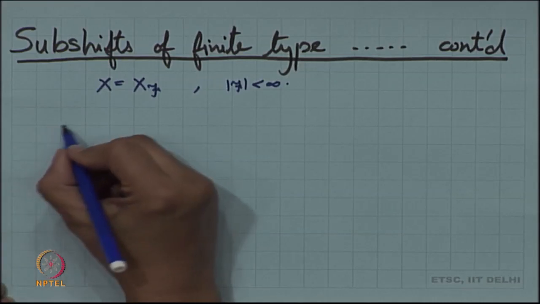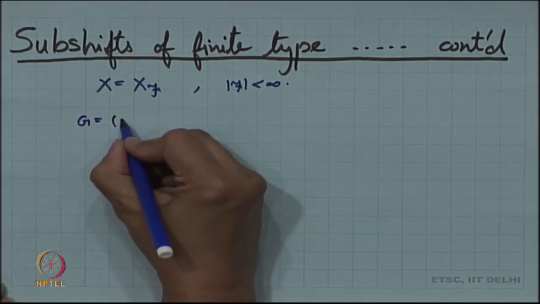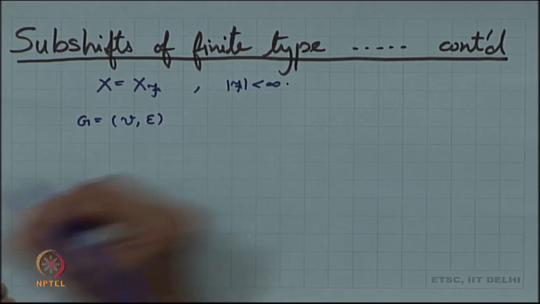So, we have a graph G, where V is the set of vertices and E is the set of edges.